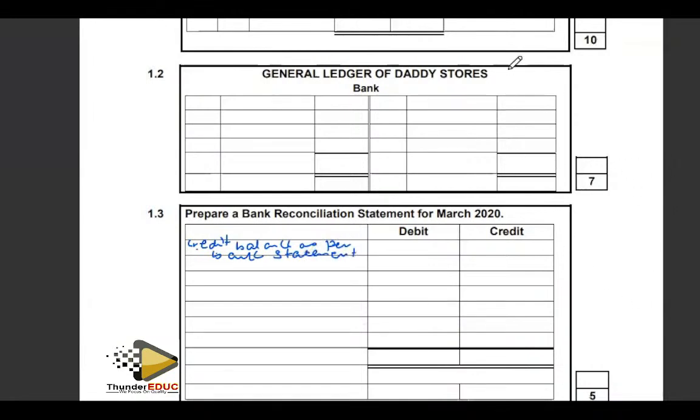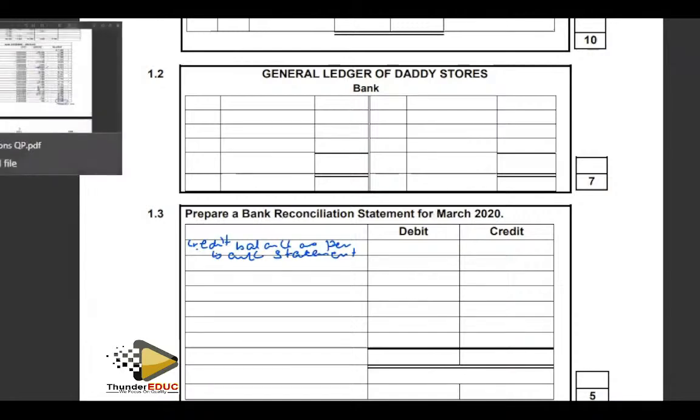So when I come here, I'm starting with that credit balance, which is this. Where is that? Let me check here. Okay, where do we get the credit balance?